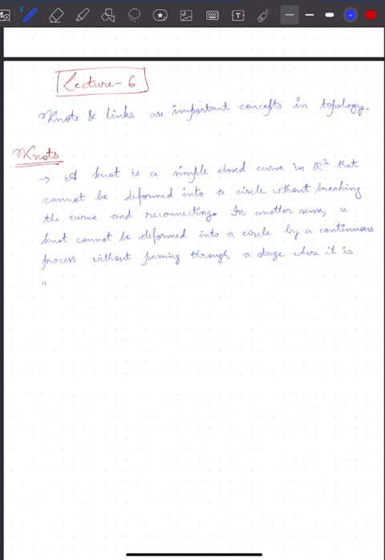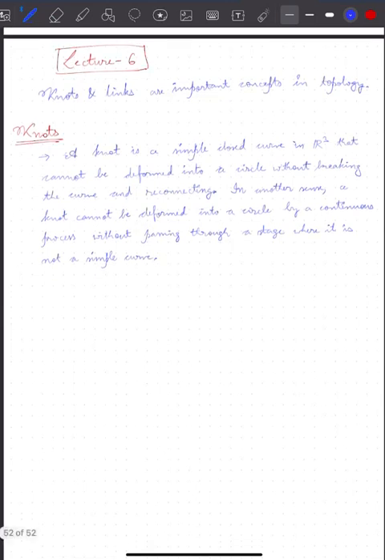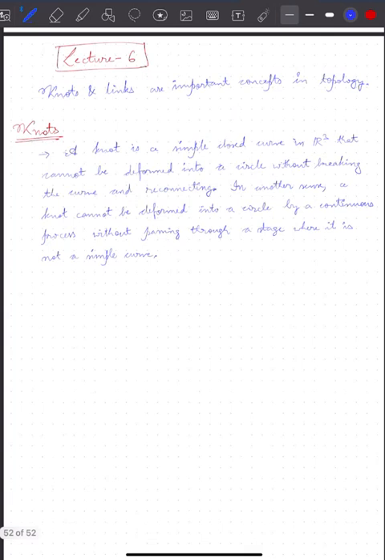So a knot cannot be deformed to a circle by a continuous process without passing through a stage where it is not a simple curve. So that's the intuition behind what we call a knot, isn't it?